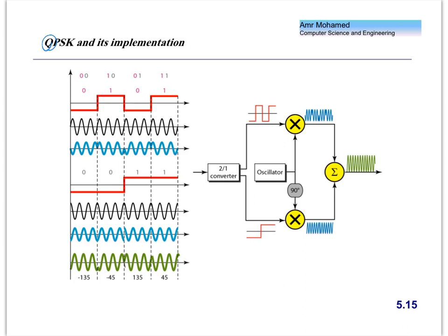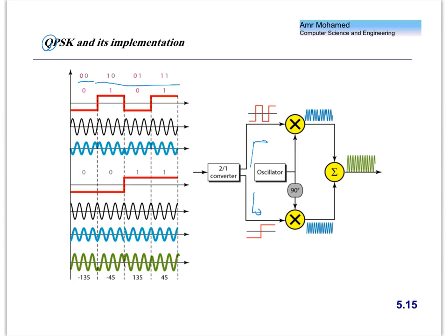So the way we do that is by splitting the bits into 2 binary phase shift keying signals, by simply using one splitter which splits each 2 bits into different directions. And then each one will be polar NRZ.